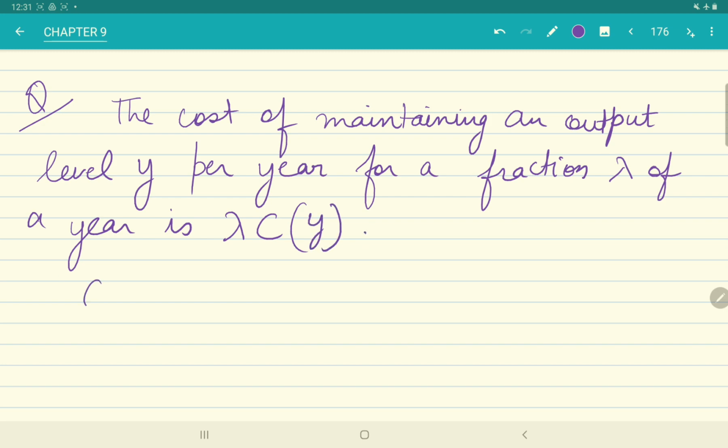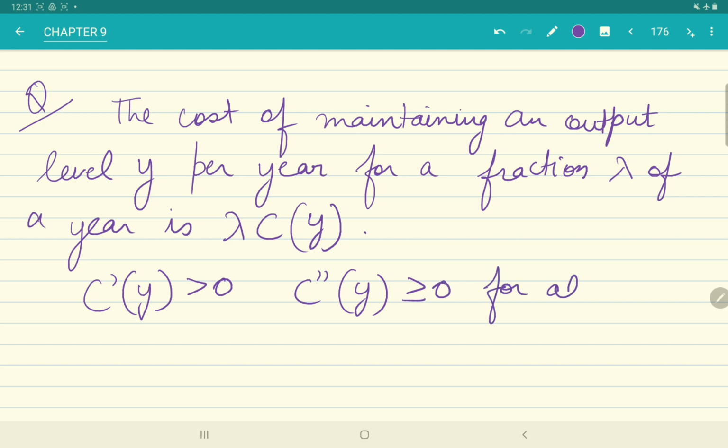And I know here that C prime Y is greater than 0, C double prime Y is greater than or equal to 0 for all Y greater than or equal to 0.